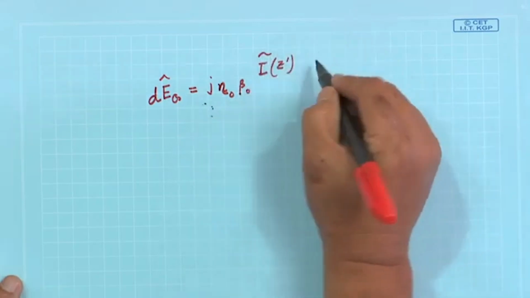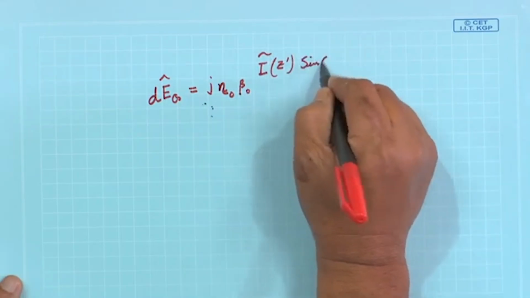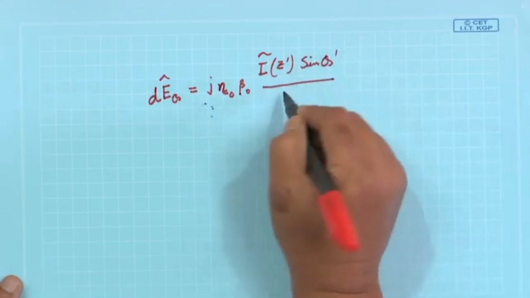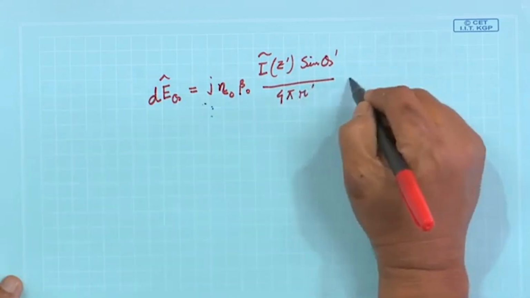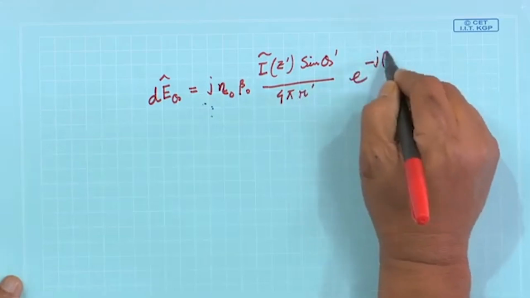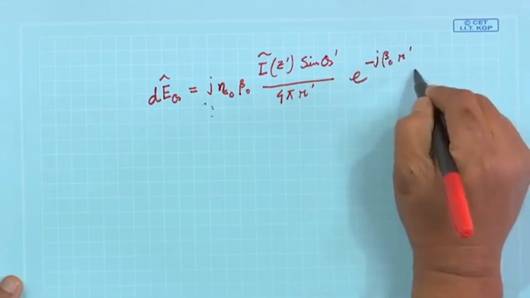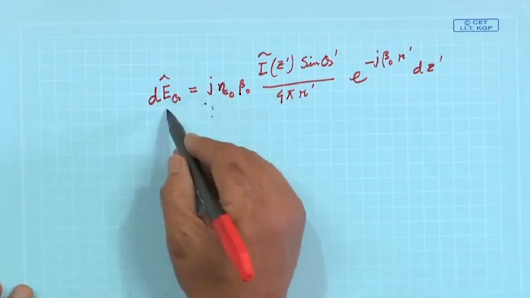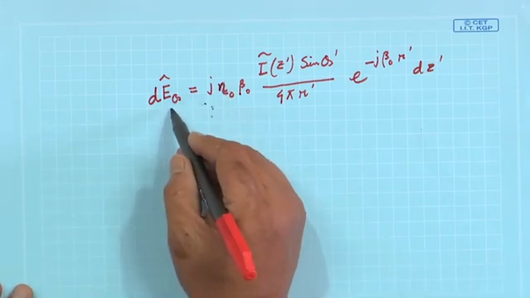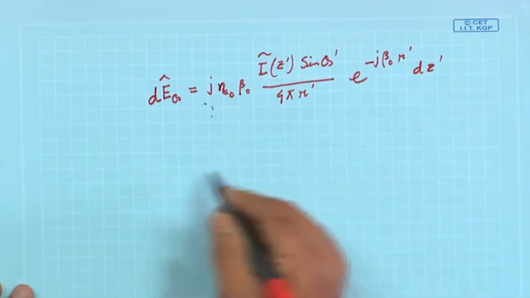I z dash is the current, there is a sin theta variation, there is a 1 by r dash variation, e to the power minus j beta naught r dash dz dash. So, this is the current, this is the E field at the point.